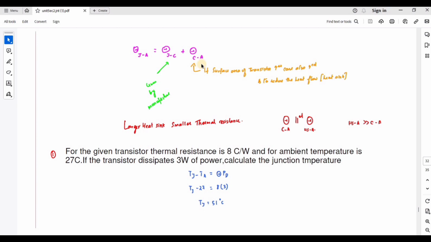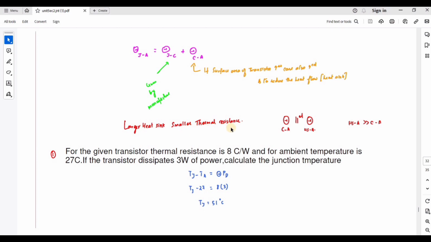So this value is already given by the manufacturer, and this constant of proportionality is from case to ambient temperature. If the surface area of the transistor increases, the case also increases in order to reduce the heat flow. So the larger the heat sink, the smaller will be the thermal resistance.